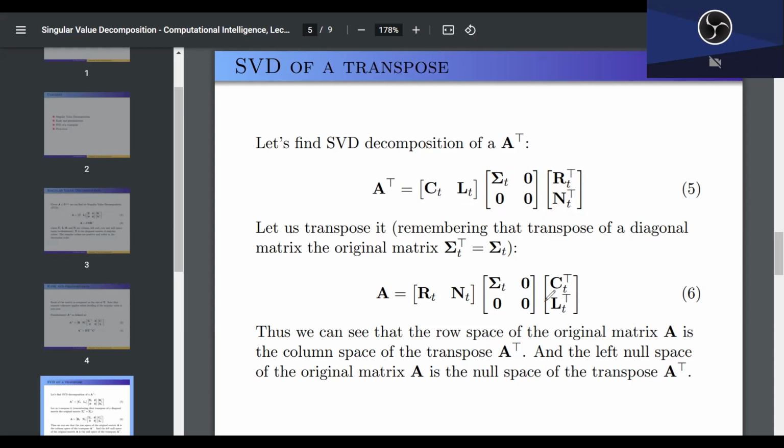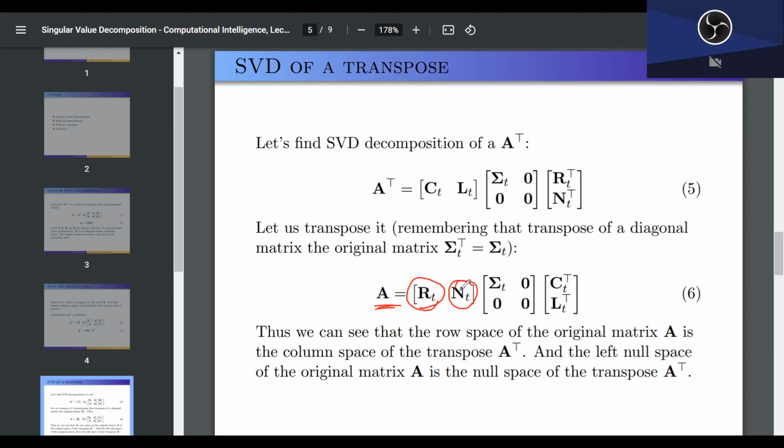Okay. And you can see that for this original matrix, not transposed, its column space is supposed to be here. But now we have here a row space of the transposed matrix. Its left null space was supposed to be here.